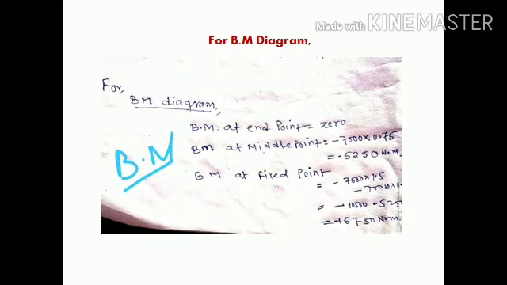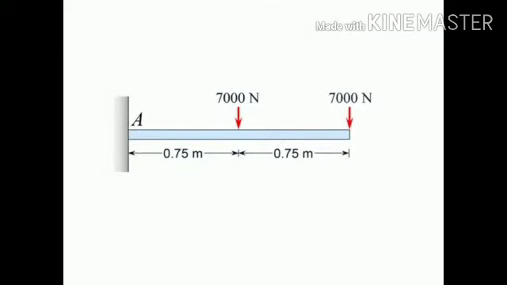Similarly, we find the BM at the fixed end. For the right-hand side of the section, 7,000 at a distance of 1.5 is equal to 10,500, and again the load at the middle, 7,000 into 0.75, is equal to minus 5250.